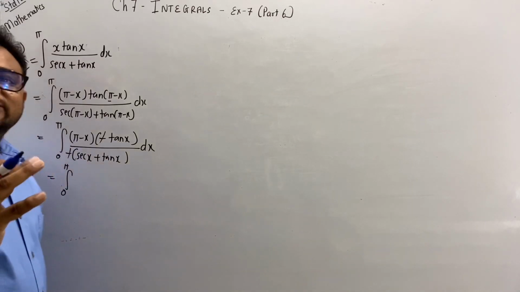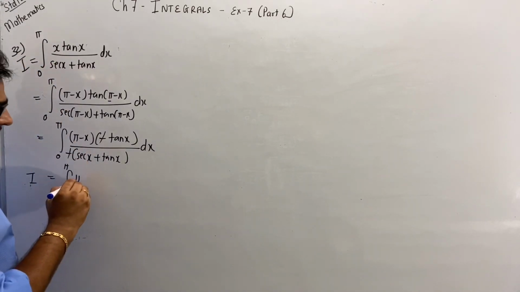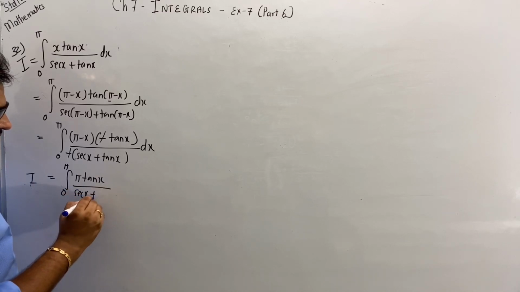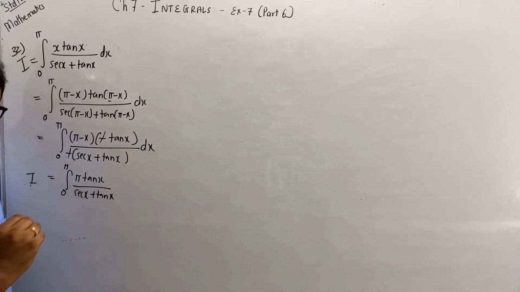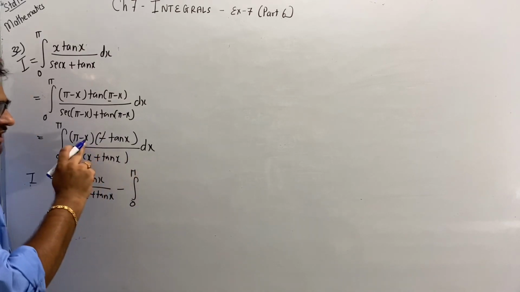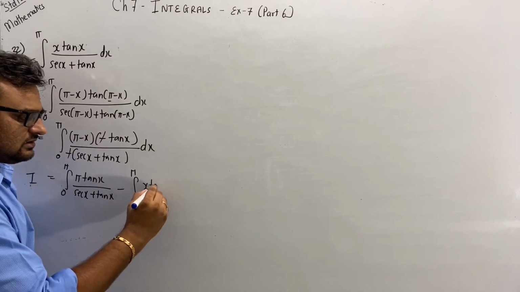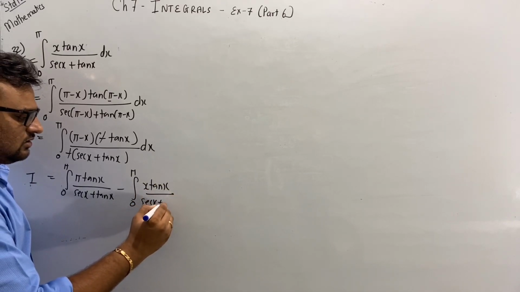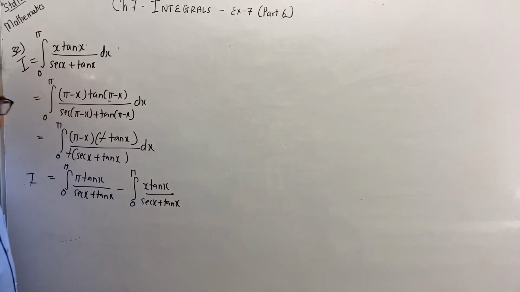Now let's separate it. Pi tan x upon sec x plus tan x minus integral 0 to pi, now multiply x, x tan x upon sec x plus tan x.